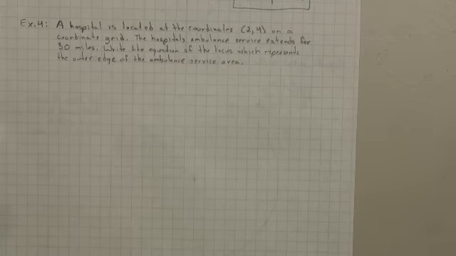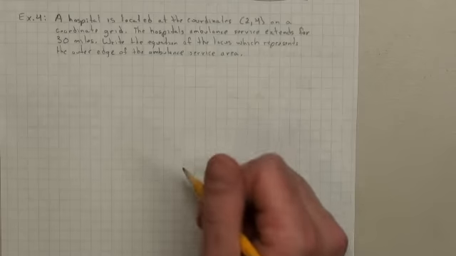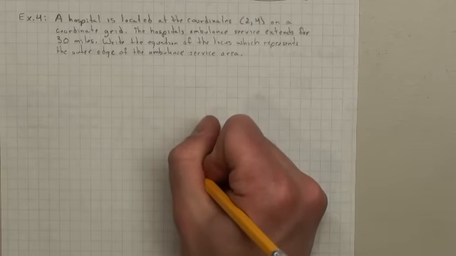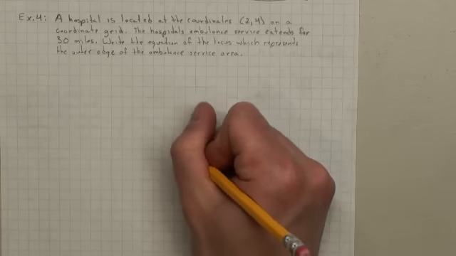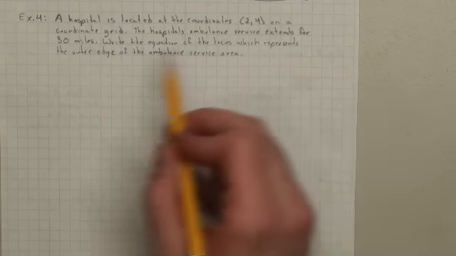Okay, so we don't really need to draw a coordinate axis here. What we can do is I'm going to draw the point, just a point right in the middle. I'm going to call it (2, 4) because that's my center, right?